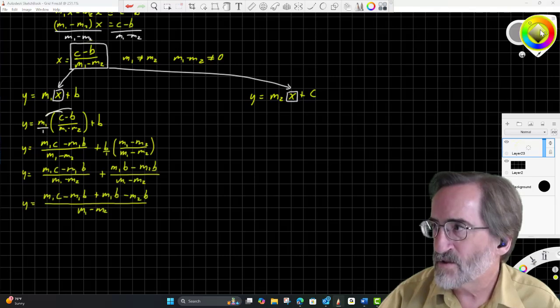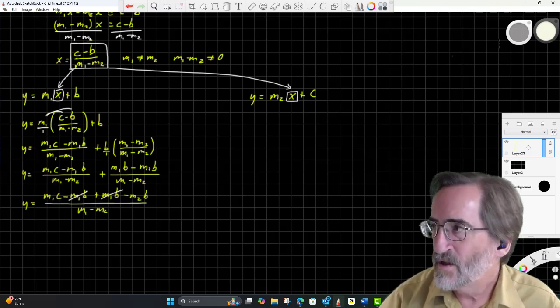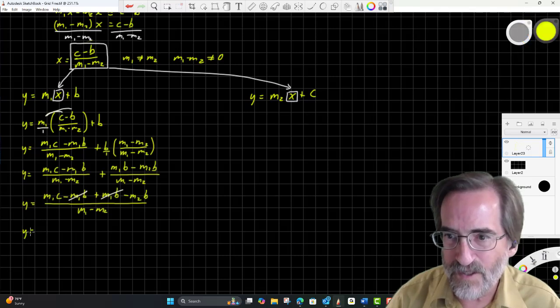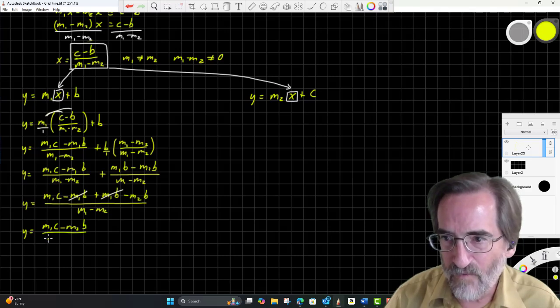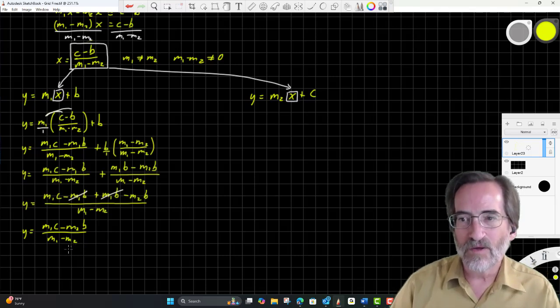We get a little bit of canceling out that goes on. Negative m1b and plus m1b cancel. And we have, got to be really careful here, there's a lot of steps where you can make a mistake, m1c minus m2b over m1 minus m2. Okay, so there's our point.